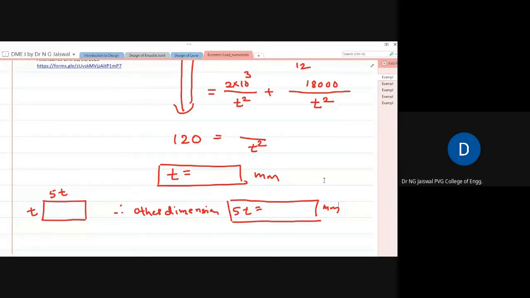The reason is that there are a lot of calculation mistakes. If calculations are wrong, you will not get marks; only 1 or 2 marks for your procedure. That's why your own practice of doing calculations is extremely important in design subjects, in the numericals.